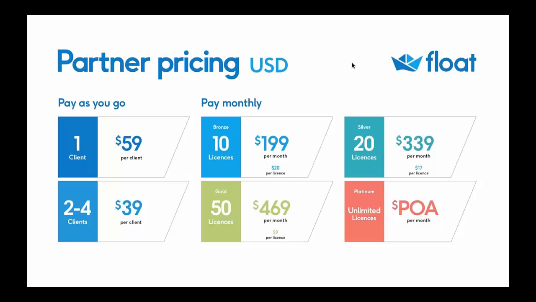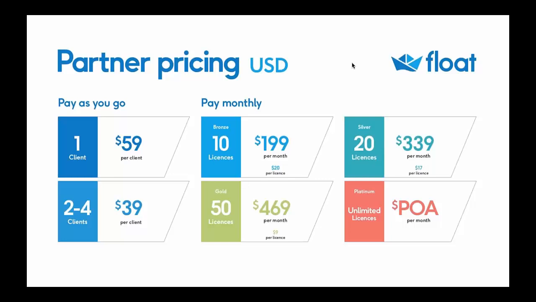We want to give you the pay-as-you-go option to give you the chance to test it out and not require you to jump straight to a high tiered plan. But then once you are ready, if you wish, you can join our bronze plan, which gives you 10 licenses for the price of $200 a month. So it's a good deal at $20 a license for that. And then it just gets a bit cheaper the further up you go.